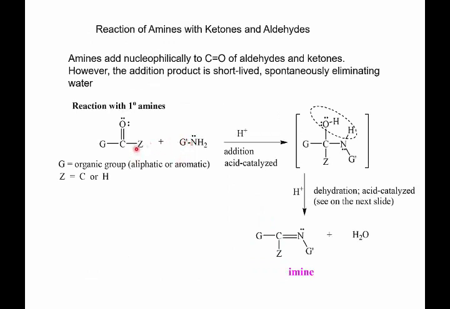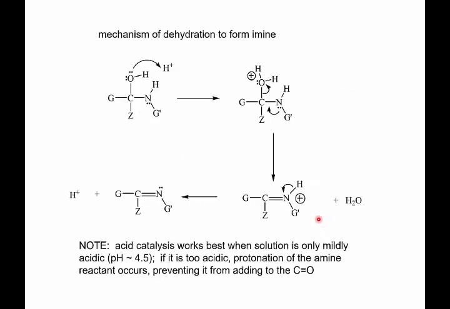All right. Recall that with a primary amine, there is a spontaneous addition. The addition product loses water, shown here, to give the imine. Let's look at the mechanism. Now, I mentioned that this is an acid-catalyzed process, but one has to be very careful when one adds acid. You can't just dump in acid, because the amine, being a moderately strong base, if you add too much acid, it all gets protonated and it's not going to react. There'll be no further reaction.